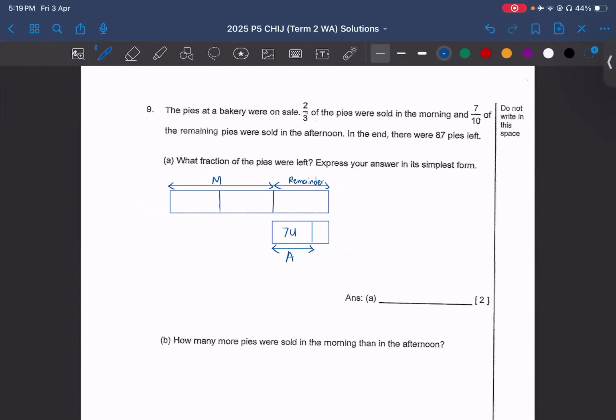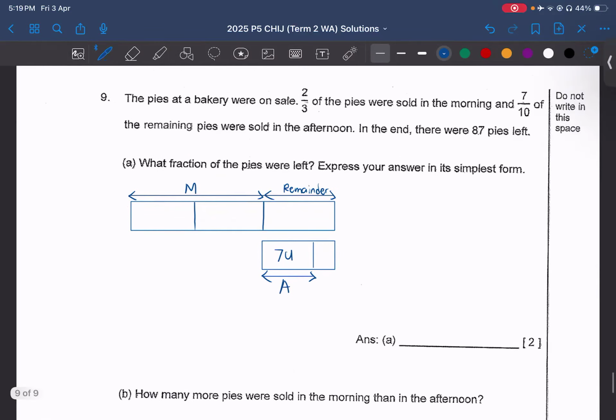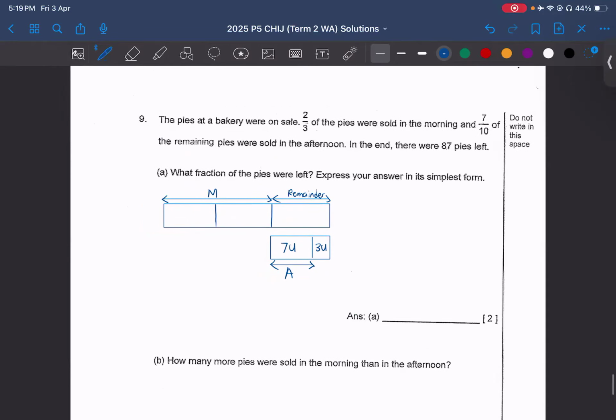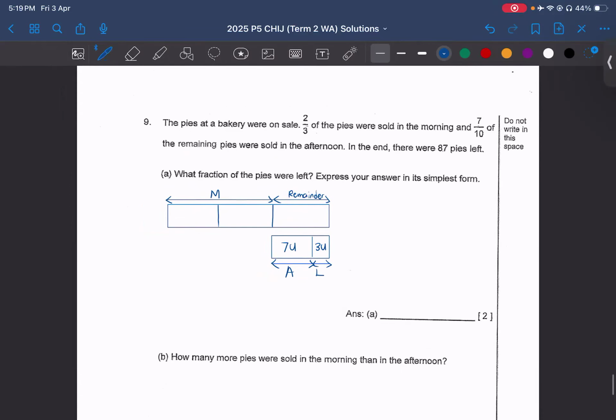Since you sold 7/10 of the remaining pies in the afternoon, how much you are left with would be this box here, which is 3 units. And in the end, there were 87 pies left. So what you're left with is 87 pies.